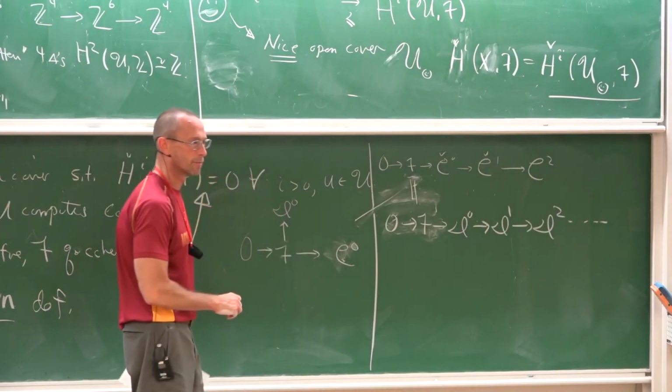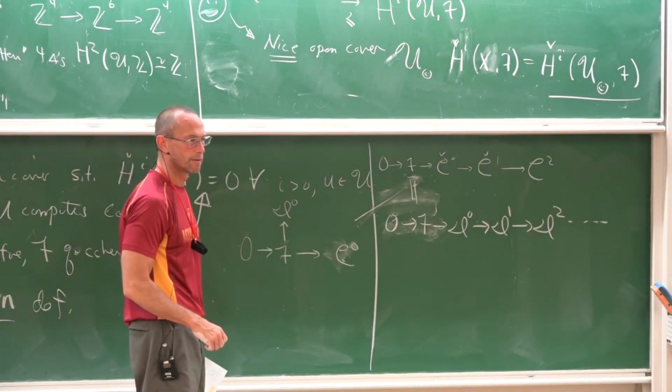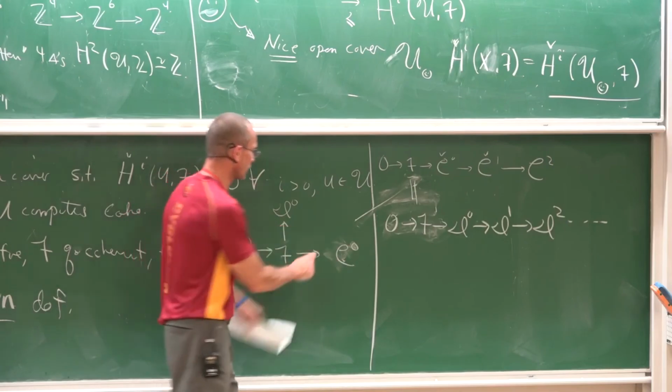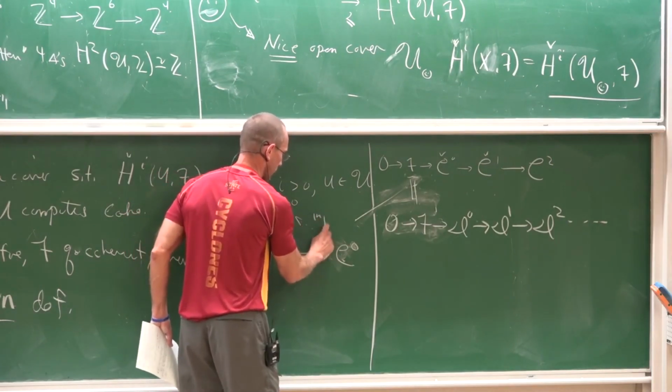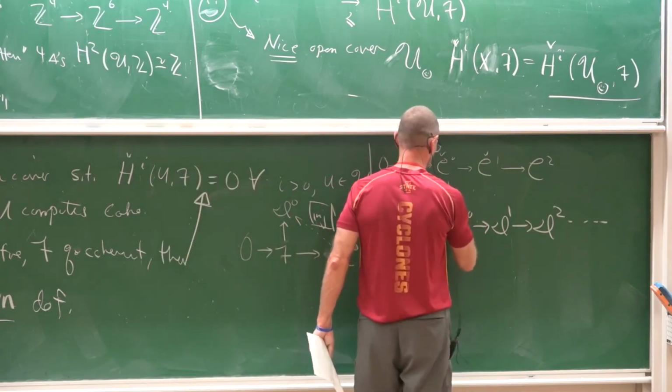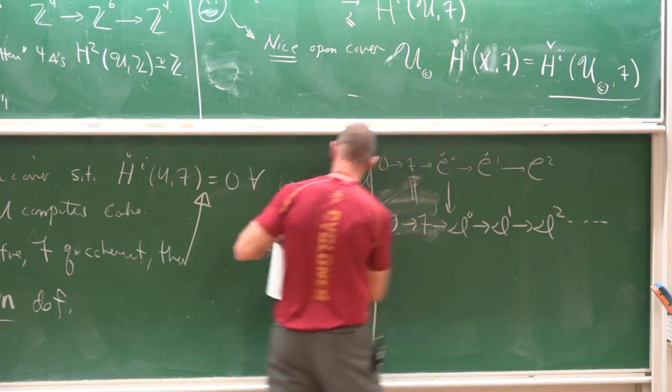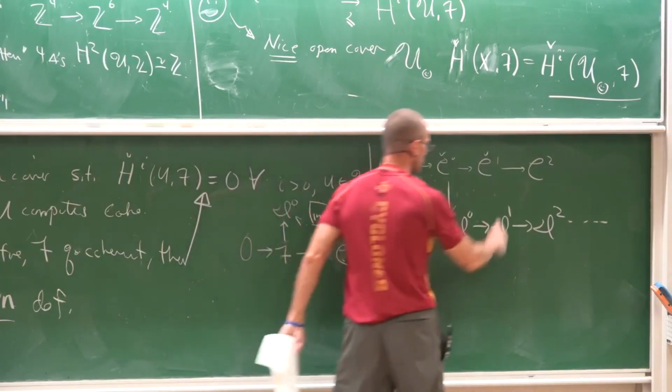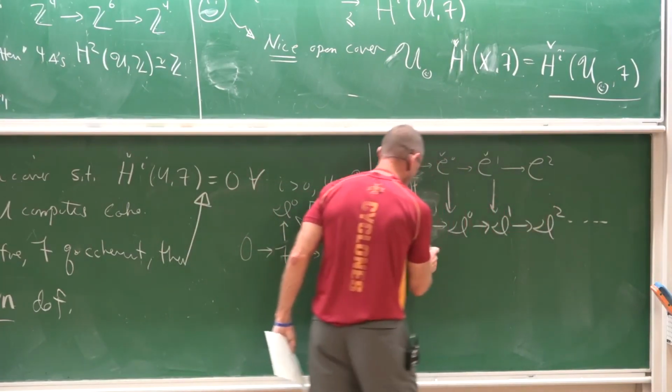And so what do I get by the injectivity? Injectivity gives me a map right here. So I get a map from here to here, and as soon as you're done at the first step, you percolate it out.